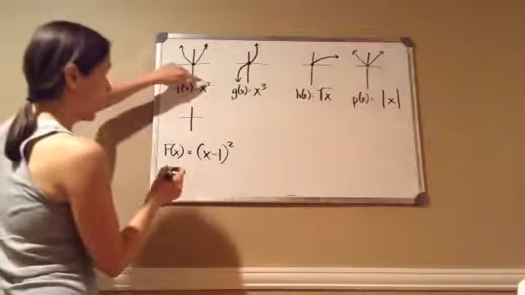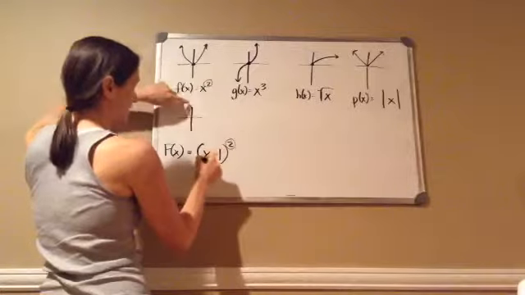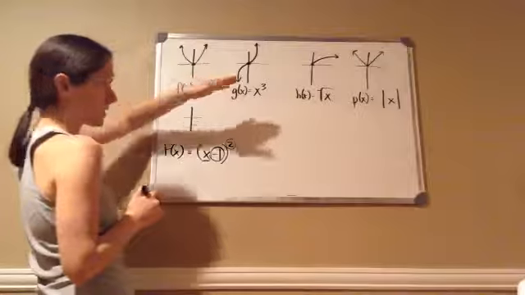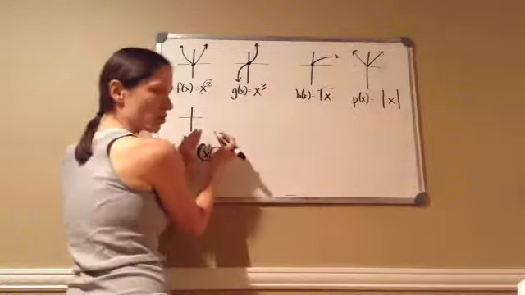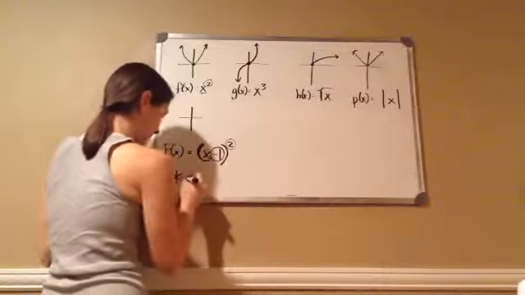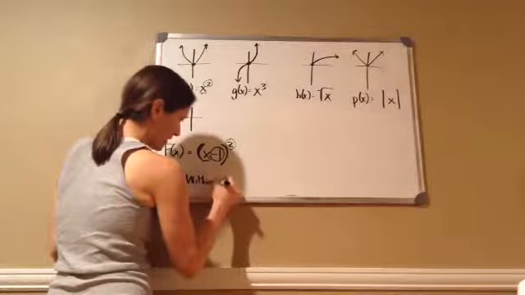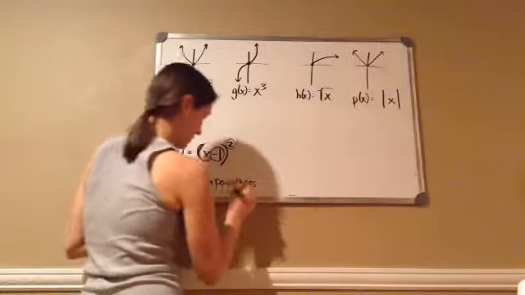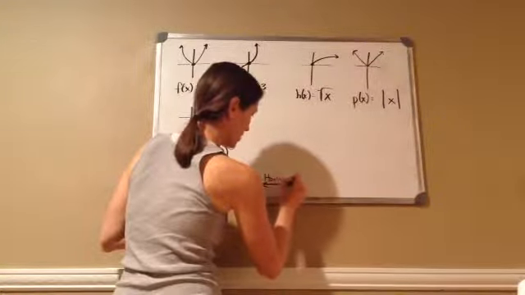As you can see, it has the square root and the x, and it also has the minus 1, just like the other ones did earlier. But it's within this parentheses. And when they are within parentheses, you might want to write this down, it's going to move left and right, horizontally. It's going to have a horizontal shift.